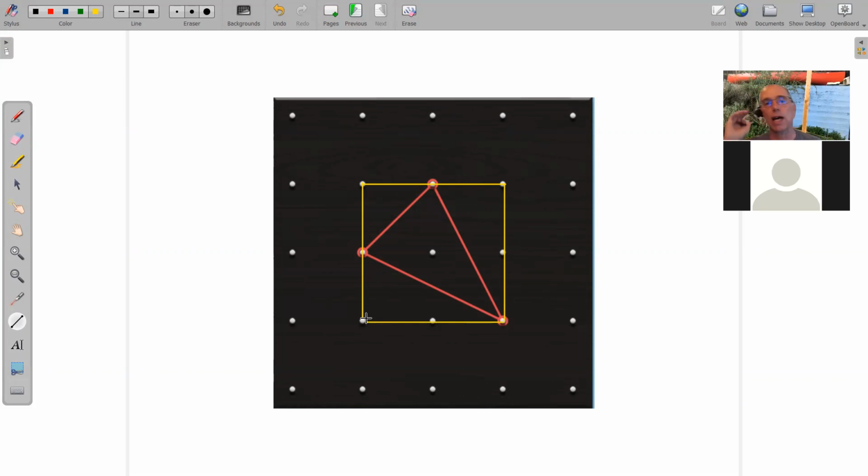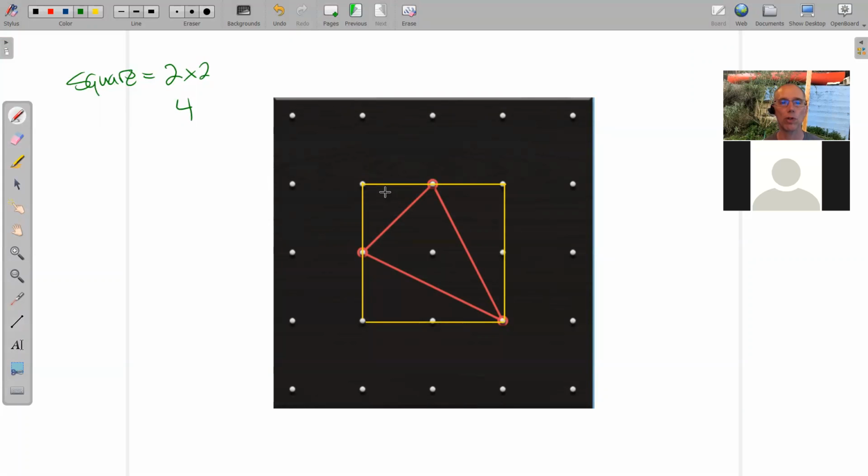And then from that, I need to figure out how to get rid of these extra triangles on the edge. So I'm starting off here with a square rectangle that is 2 by 2, so it has an area of 4. And I want to whittle off these corners so I get the red triangle back.